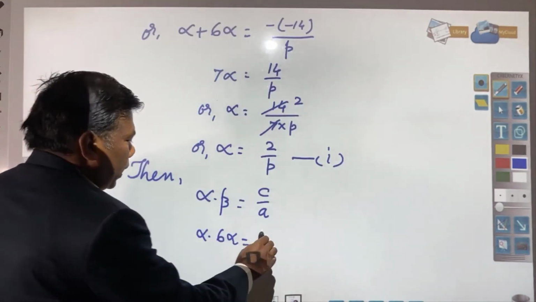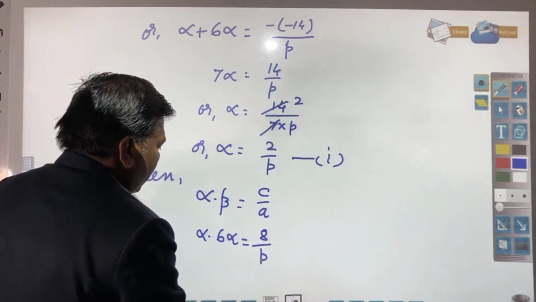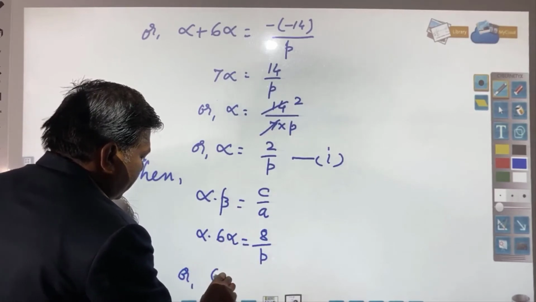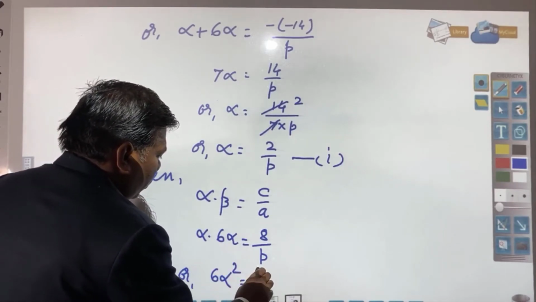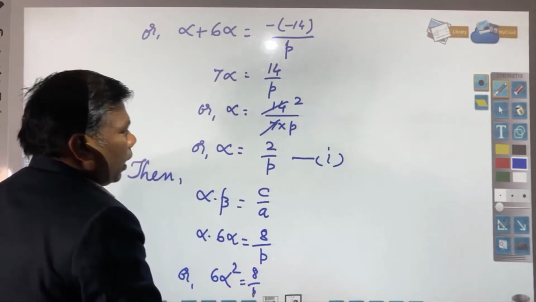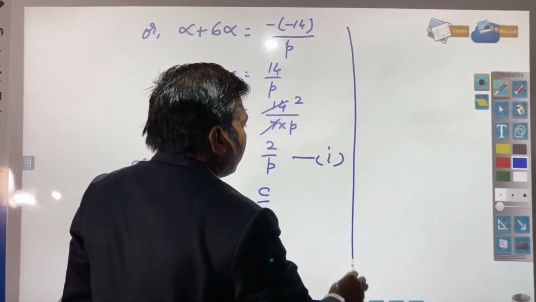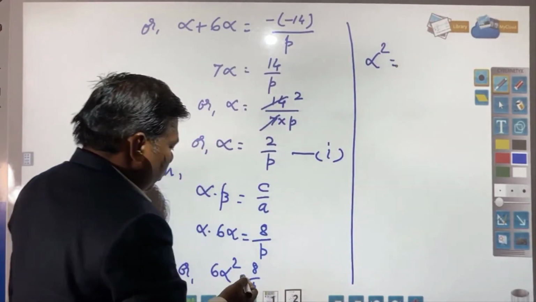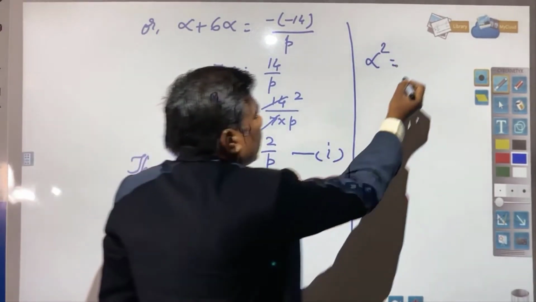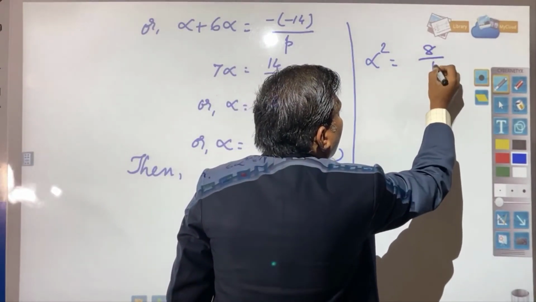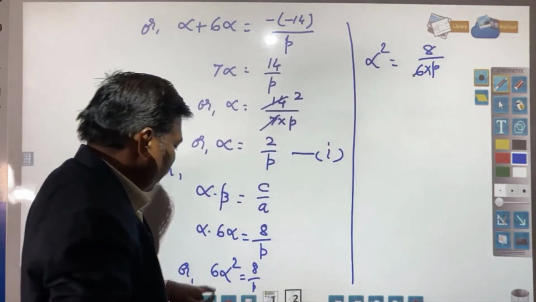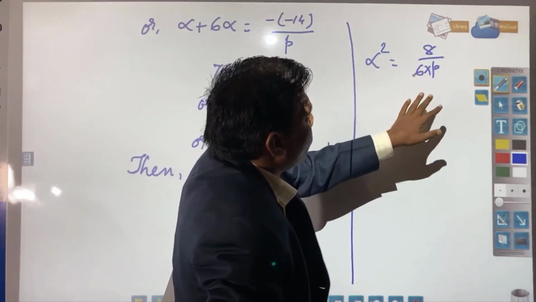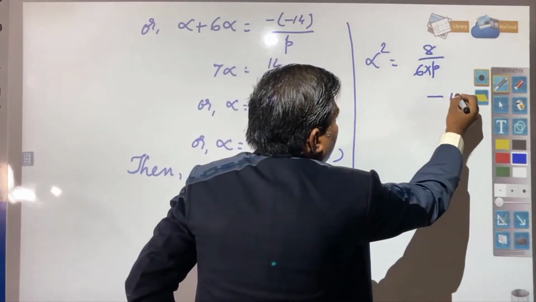So, this will be 8 by p, or 6 alpha square will be equal to 8 by p. Alpha square will be equal to 8 by p into 6, taking this 6 to the right side. Alpha square is equal to 8 by 6 p. This is equation 2, suppose.